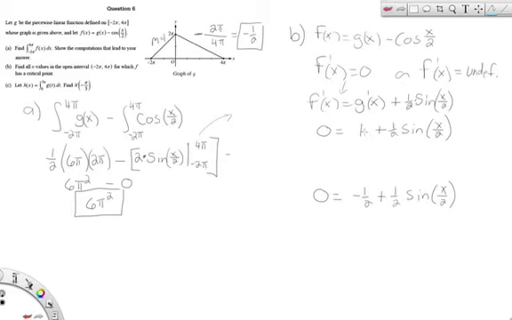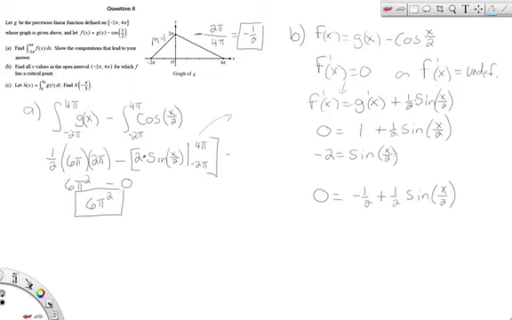So let's solve this problem. Subtract 1 multiplied by 2, and I get negative 2 equals sine of x over 2. I think I can stop right there because sine of x over 2 will never equal negative 2.